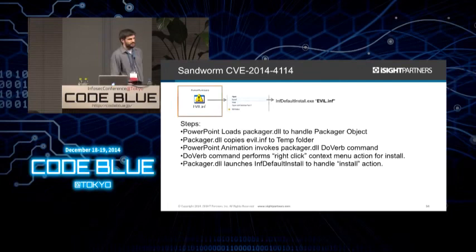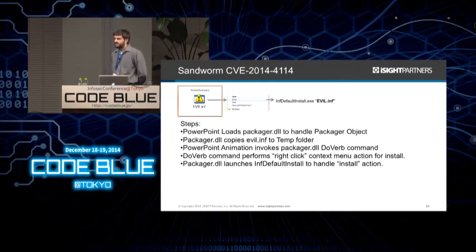First, PowerPoint says, okay, someone's embedded a packager object in this PowerPoint, so it needs to load the packager DLL into the process memory space. At that point, the packager DLL is responsible for copying that INF file into the temp folder. Then there's a PowerPoint animation, and this invokes a do verb command.